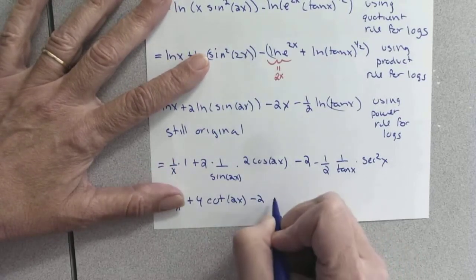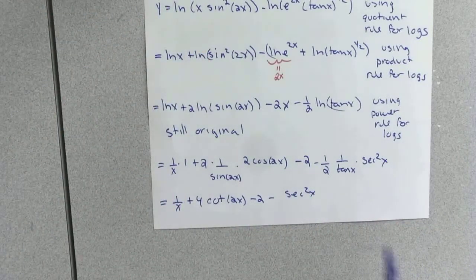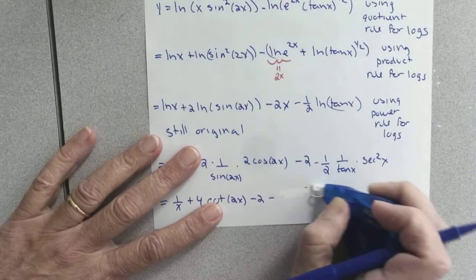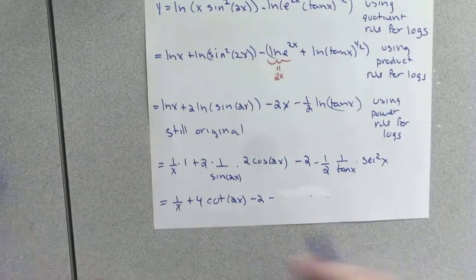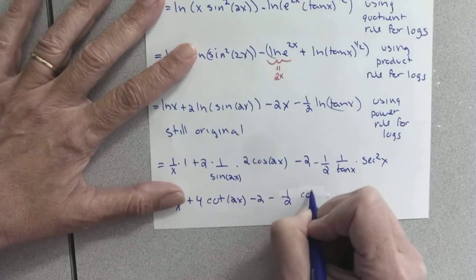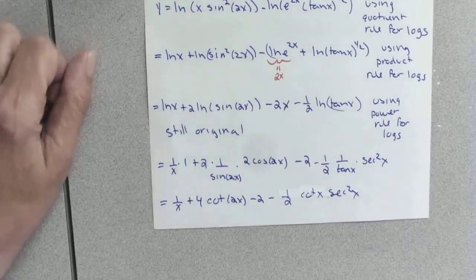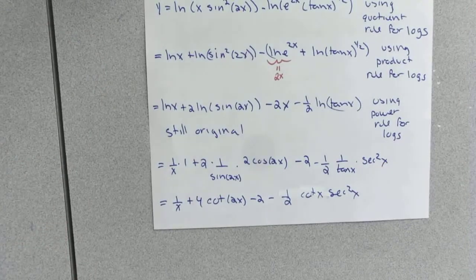Then I have minus 2, and then on the end, I would call that secant squared. And depending on what you want to do, you got some options here. But on the end, I would say that's minus 1/2. 1 over tangent is cotangent. And then I have the secant squared. And there's my derivative.